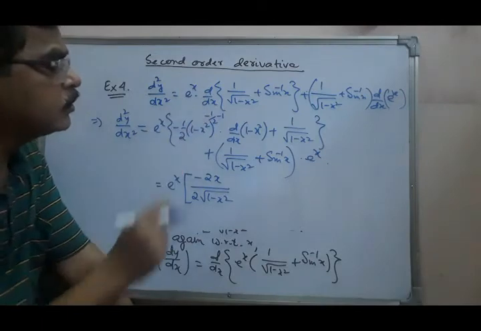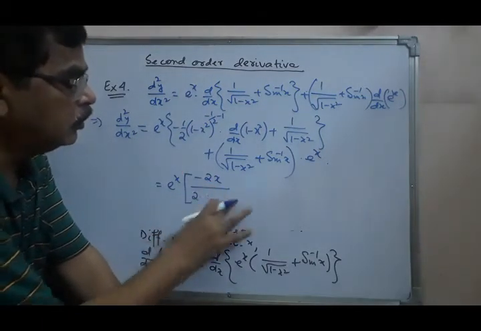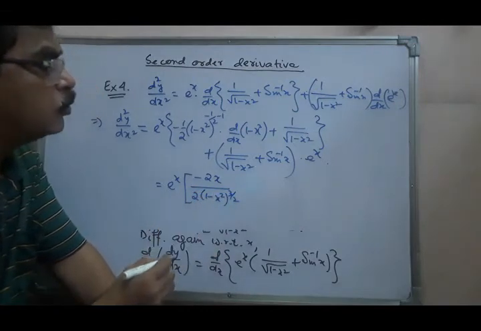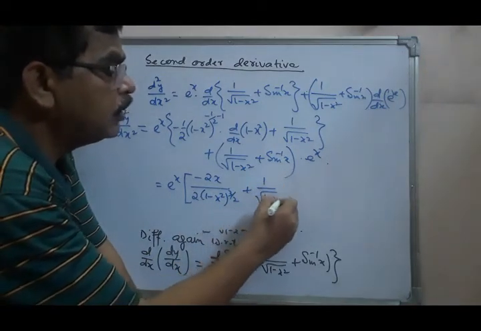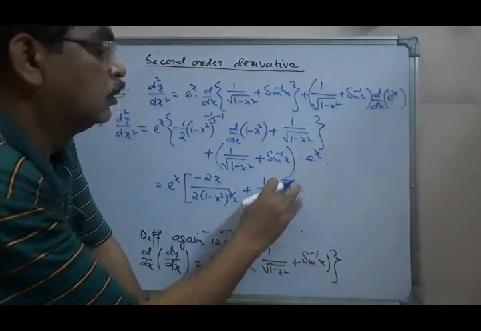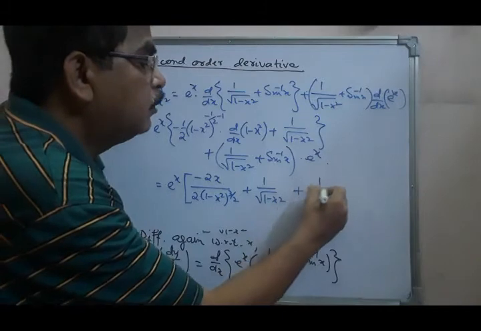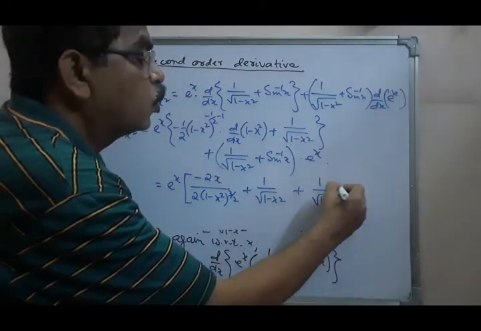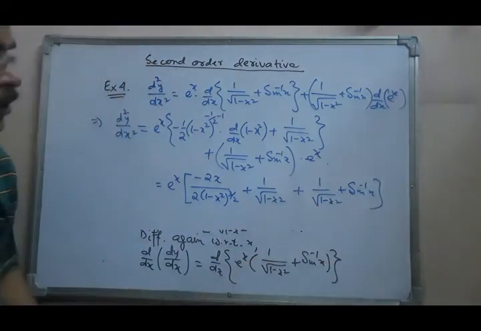This is minus, no, 1 minus x square whole to the power 3 by 2, plus 1 by root over 1 minus x square plus 1 by root over 1 minus x square plus sine inverse x.